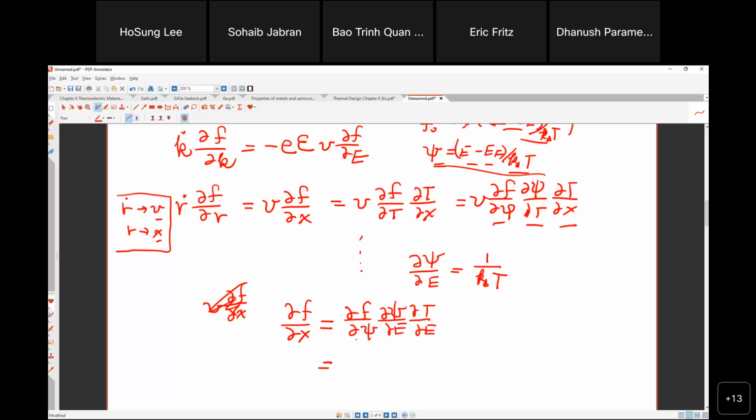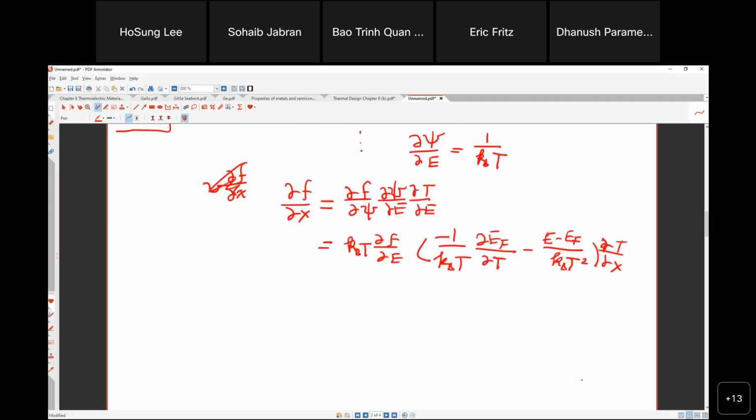So we can do that, that's the kBT, and the E, Fermi energy with respect to temperature, Fermi energy divided by kBT Boltzmann, and squared. And dT/dx is a gradient, temperature gradient.